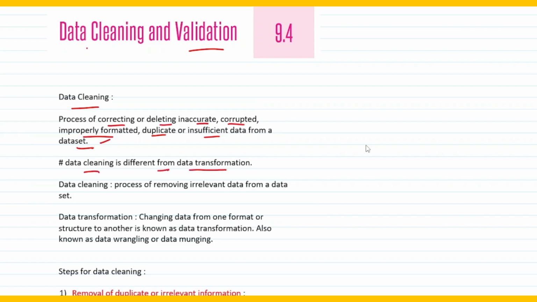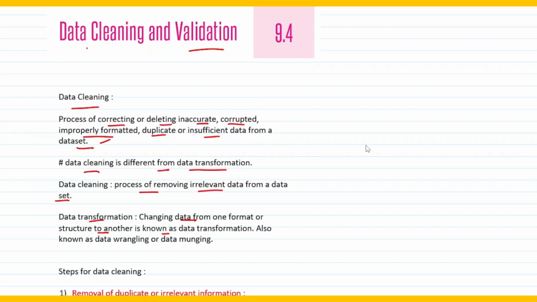Let's understand what's the difference between the two. Data cleaning, as we have already discussed, is a process of removing irrelevant data from a data set, right? Whereas data transformation talks about changing data from one format or structure to another, right? So transformation means what? Changing from one to another. So when we change the data from one format or structure to another, that is called data transformation.